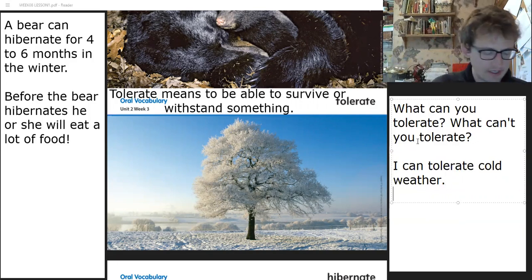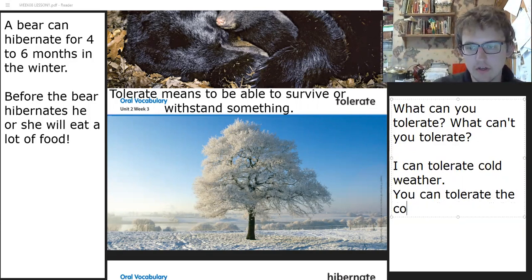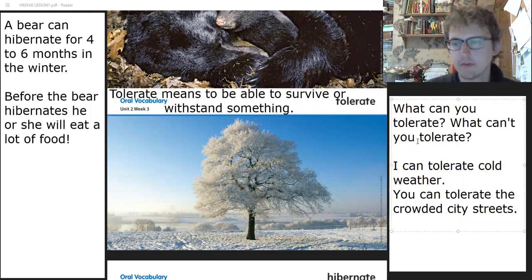That's a good idea. You can tolerate the crowded city streets, right? Remember Tommy from the City Armadillo, Country Armadillo? He really liked the busy city, so he could tolerate the crowded city streets.